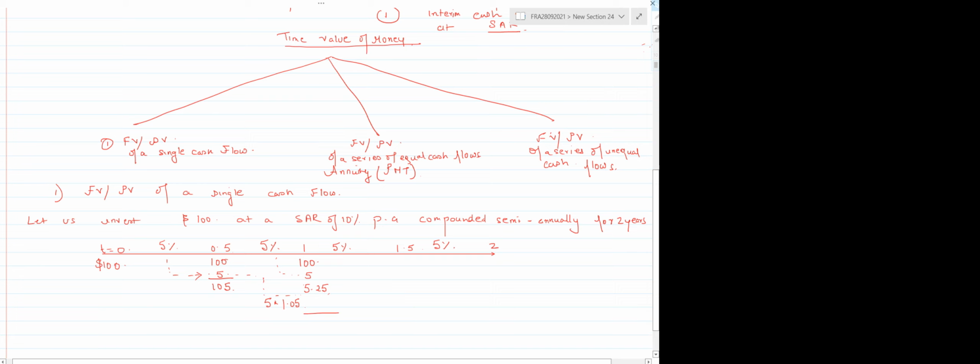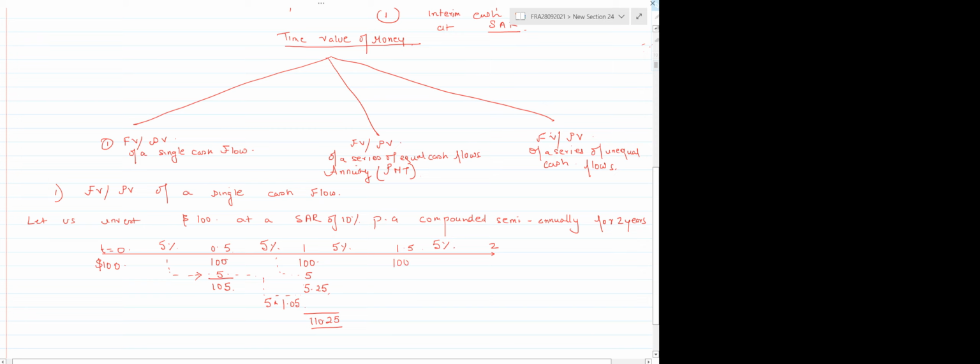So the value of my investment at the end of the first year would be 110.25, right? This $5 would be reinvested at the rate of 5%, so this $5 would become 5.25 at the end of the first year.